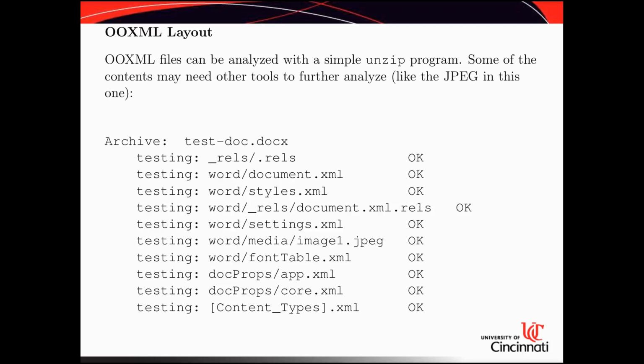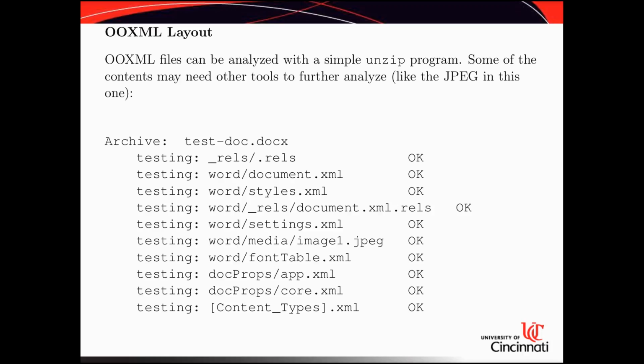So you can see there's word/document.xml, word/styles.xml, word/settings.xml. You also end up having these rels files, which are kind of like relationships between different objects across different components in it.